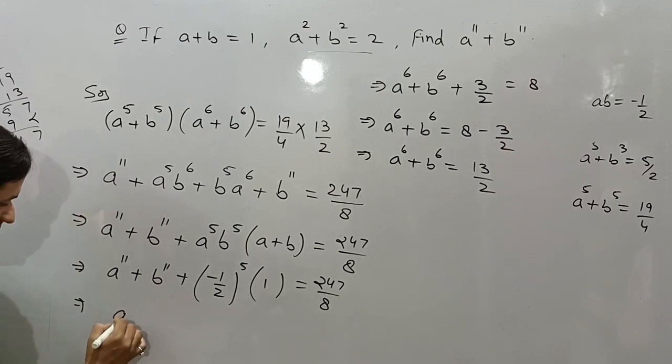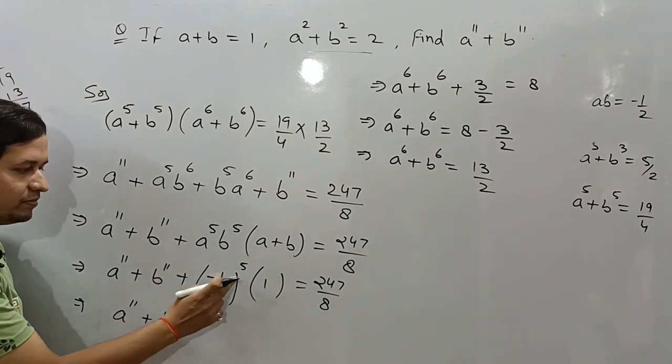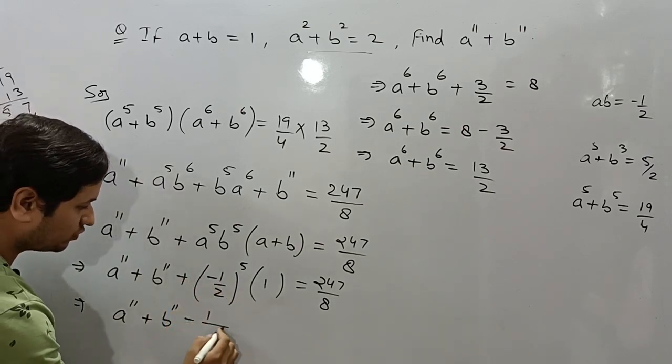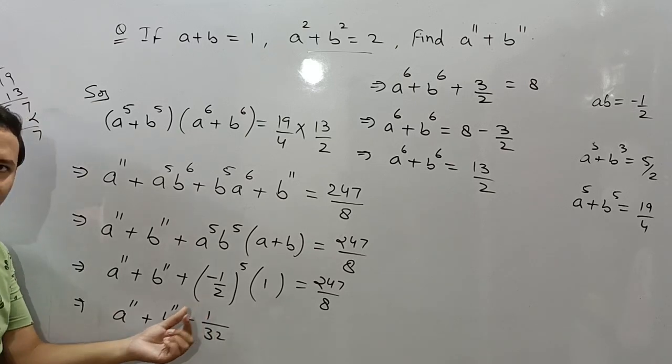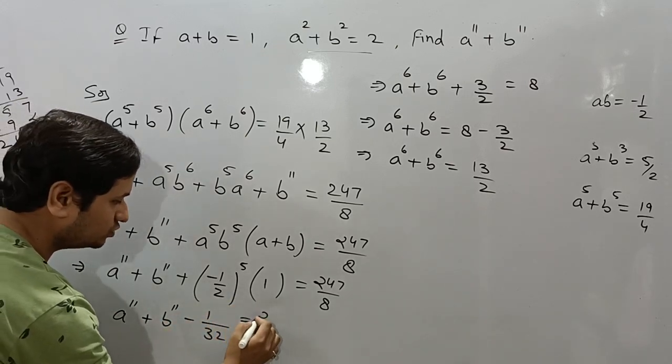Got it? a^11 + b^11 minus (1/2)^5, so it will be minus 1/32. Into 1, same, it will be same, minus 1/32.